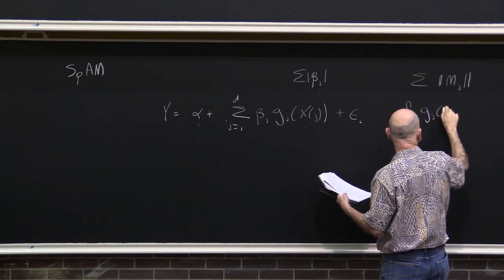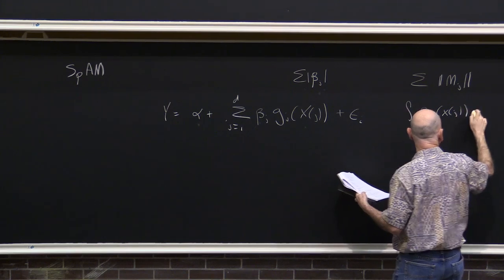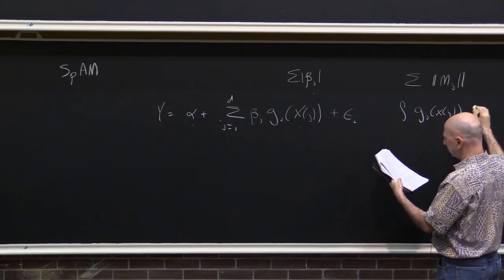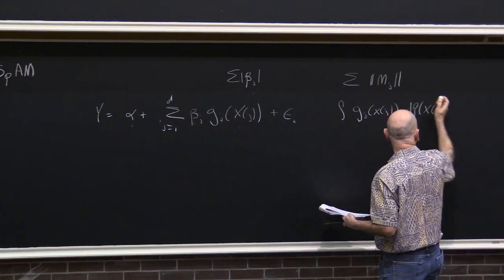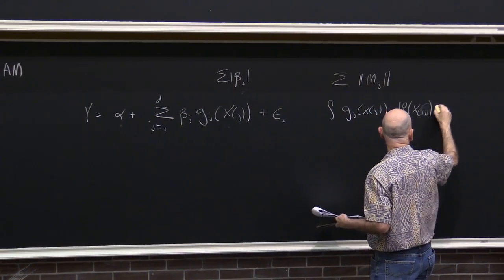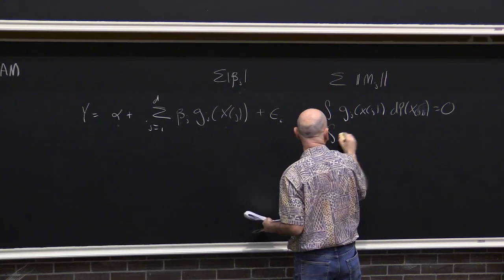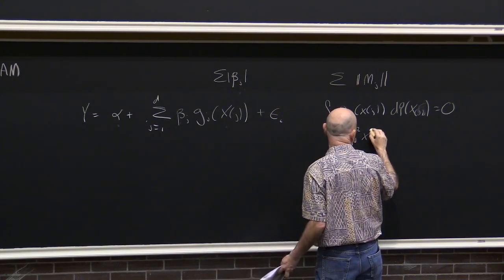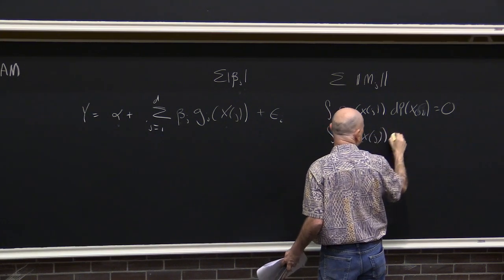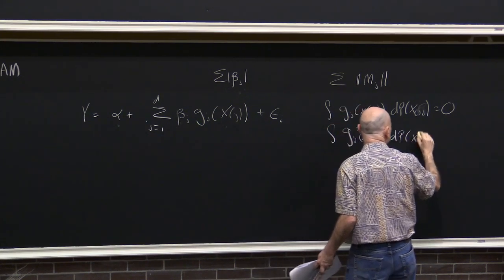So g_j of x_j has mean 0, but we'll also take the second moment to be 1. It doesn't matter. You could make it 52 or whatever, as long as we're consistent about it throughout the algorithm.